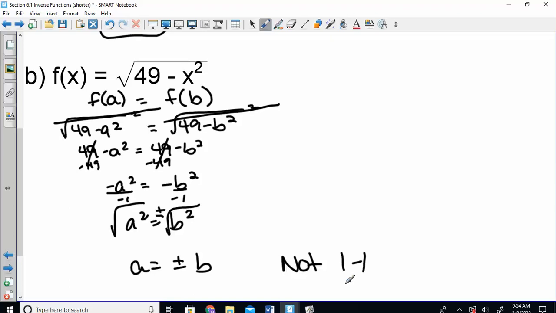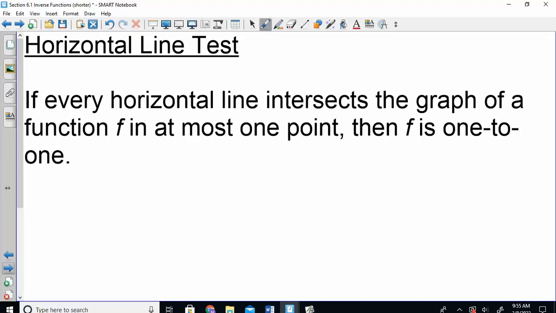Another option, if you don't like this, I mean, for some people it makes sense, but for some people this is very abstract and kind of hard to wrap your mind around. We could think about a graph. We know that in a function, x doesn't repeat. So how do we look at a graph and decide if it's a function? The vertical line test. So in a 1-to-1 function, y doesn't repeat, so we would check for the horizontal line test.